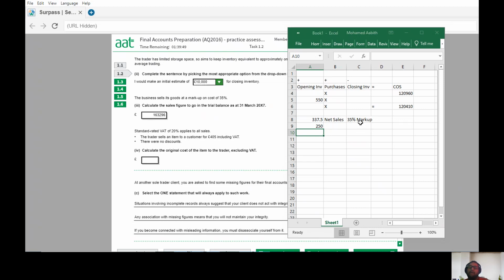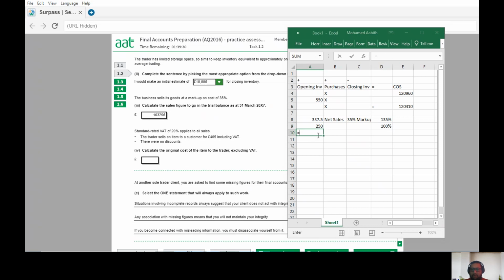So you may ask me how I got to that one. If you know this is 135% of the original price, this is the 100% of the original price. So if you want to find how much is the profit involved in that £250, you can do a reverse calculation to just prove it. How much is 35% of 250?